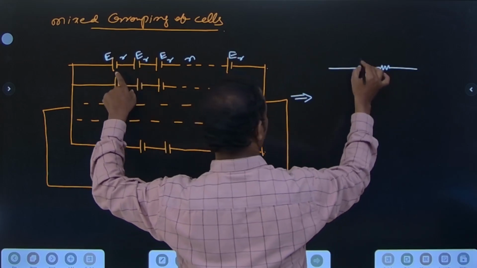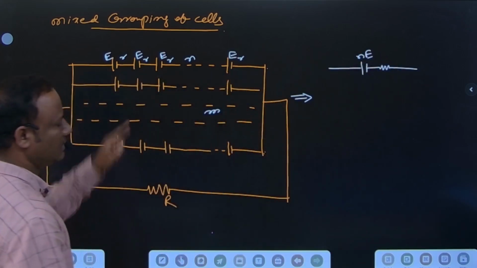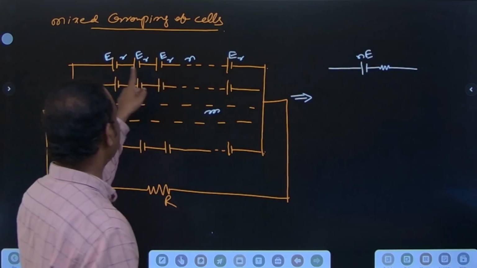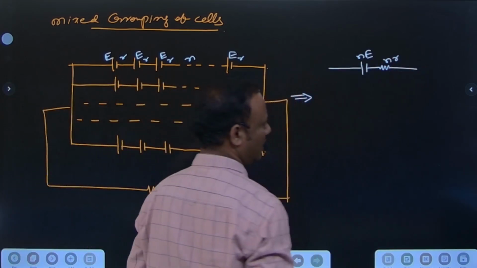What is its EMF? nE. What is the equivalent resistance? All the resistors are connected in series combination, so nr.